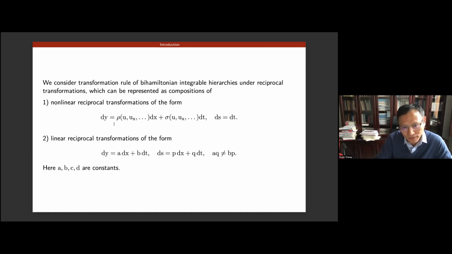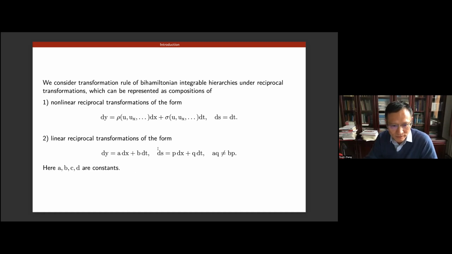We only change the space variable from x to y and keep the time variable t fixed. And then there is the other type, the linear reciprocal transformation, in which we introduce a new space variable y as a linear combination of the original space and time variables, and also a new time variable as a linear combination of the original space and time variables.